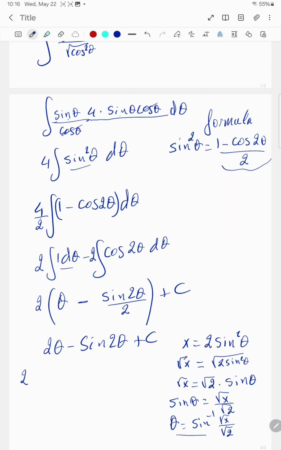So I would have 2 times sine inverse of square root of x divided by square root of 2, minus sine 2 theta. Because I have 2 theta, I will put 2 times square root of x divided by square root of 2, plus c, and that would be your final answer.